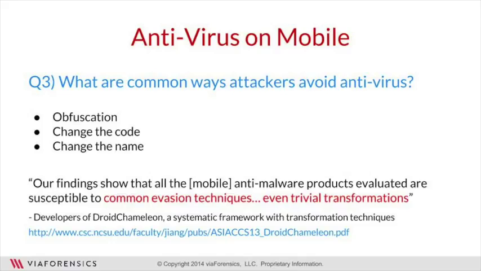And what they found was that when they used really simple evasion techniques, as trivial as changing the name of the APK or applying really minimal obfuscation, the scanners were not able to pick up the malicious code. So there's really strong evidence out there that you're really not going to catch much with this.